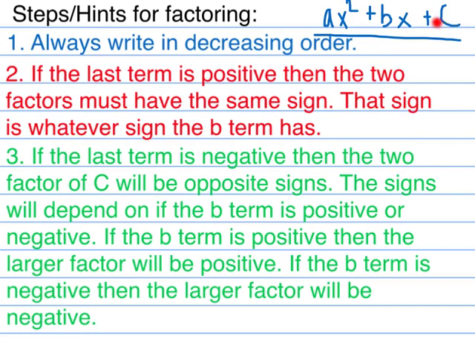If this b term is positive, then the larger factor of c must be the positive number in your factoring. If the b term is negative, then the larger factor of c must be the negative number.